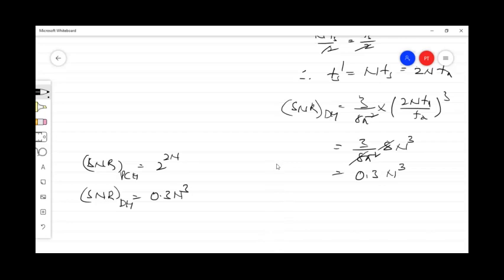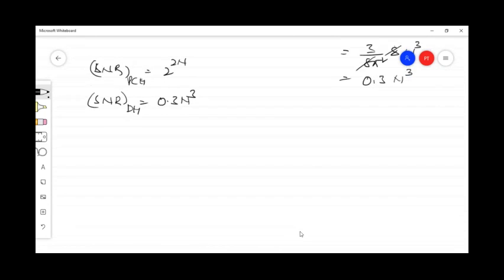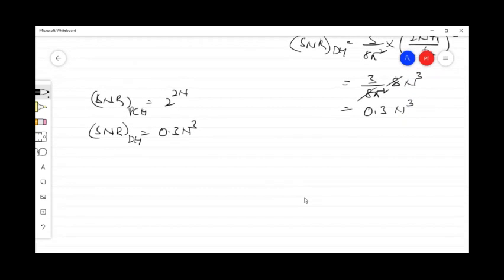Now we can compare. Which one is larger and which one is smaller? If you take n equal to say 8, what about SNR of PCM? It is 2 power 16. Then what about SNR of DM?